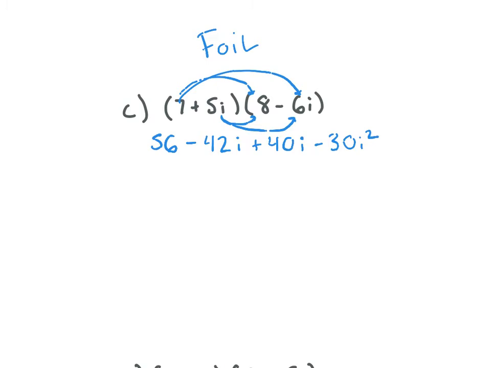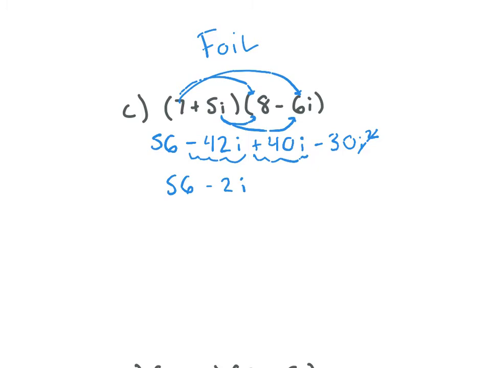Now we combine our like terms. So we have 56. We can add our negative 42i plus 40i, so this would be minus 2i. And then what happens to our i squared? What does i squared become?